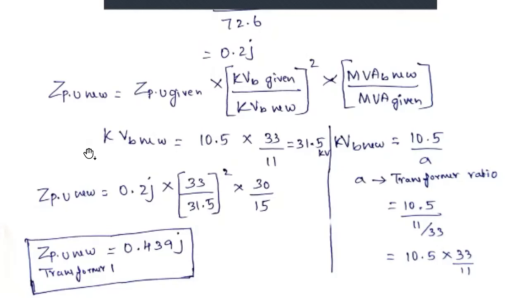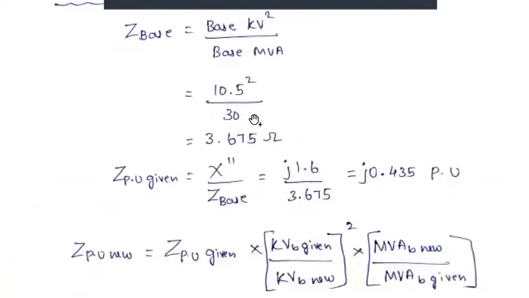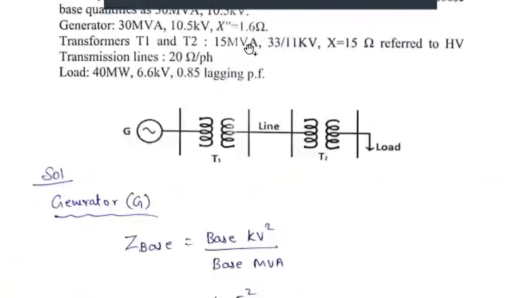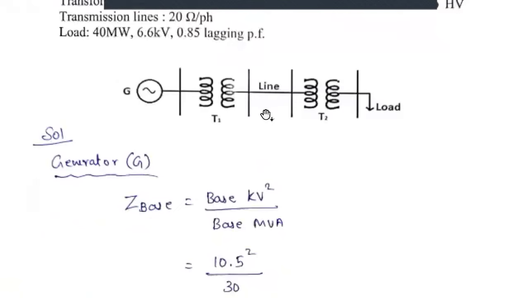Next, you need to calculate Z per unit new. Z per unit new is equal to Z per unit given, already calculated, that is 0.2j, into kV base given, which is 33 because we had the primary side, divided by the new value we calculated, 31.5, the whole squared, into MVA new divided by MVA given. 15 MVA is given for the transformer, and the new base value is 30.